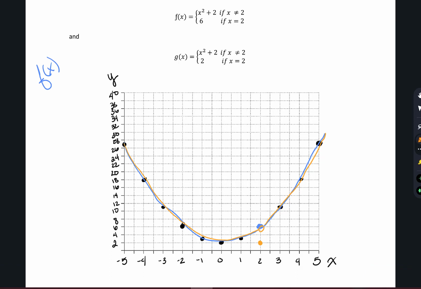Okay. So now on this plot, we have both f of x and g of x. What we're interested in is how f of x and g of x behave around x equal to 2. Notice that everywhere where x is not equal to 2, f of x and g of x are the same. It is only at x equal to 2 that they differ.